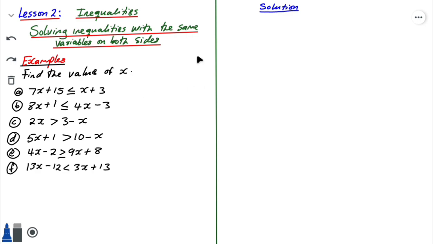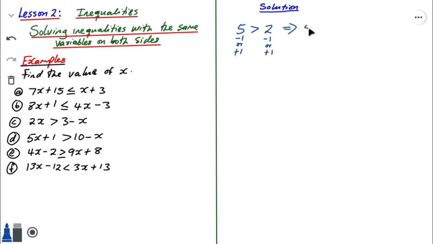The first rule says that when we add or subtract a number from both sides, the inequality sign remains unchanged. That is, if we are given 5 greater than 2, and I subtract 1 or add 1 to both sides, my inequality sign will remain unchanged.